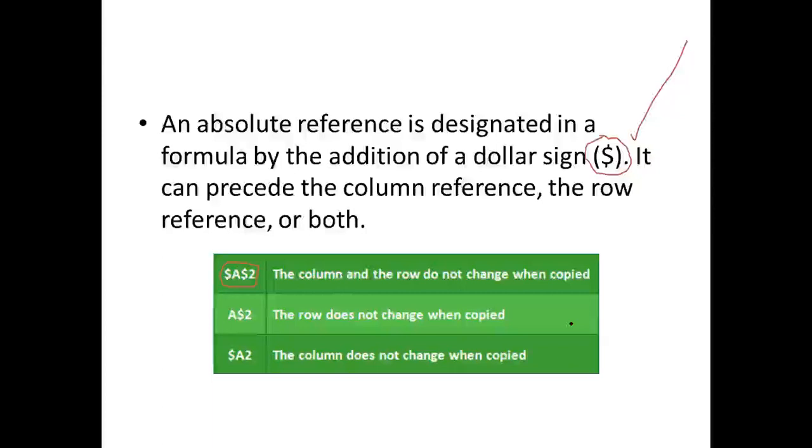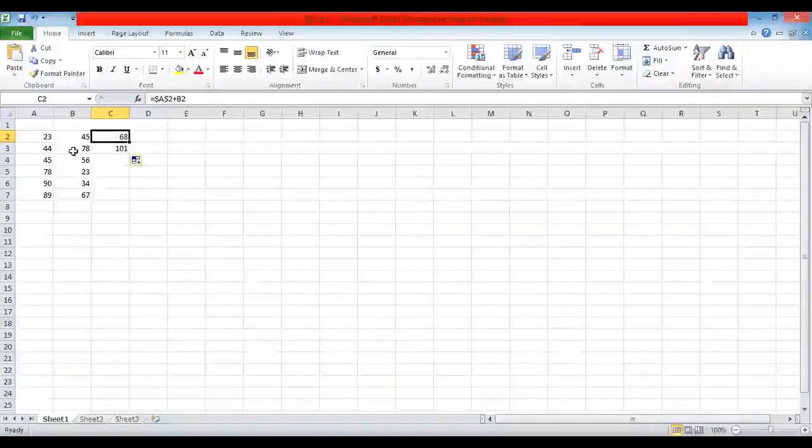You see that? Okay. So if you remember when I added the top part here, this is absolute A2 and there's A2 and the A2.